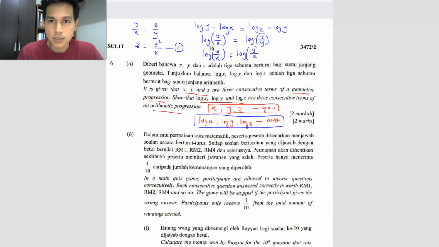This is z divided by y, right? So I'm going to write divide by y. But you cannot divide, so you change it to times, it becomes 1 over y. Here you can cut, y square becomes y.